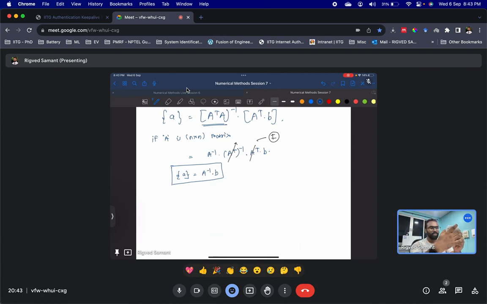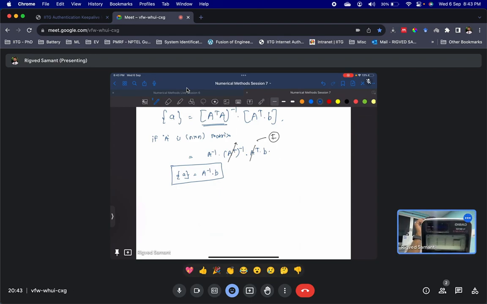You can do it in this calculator. If you go into this matrix option, you will have the option to define the matrix. You select that, then it will ask you how many rows, you tell 4, and how many columns, you tell 4.